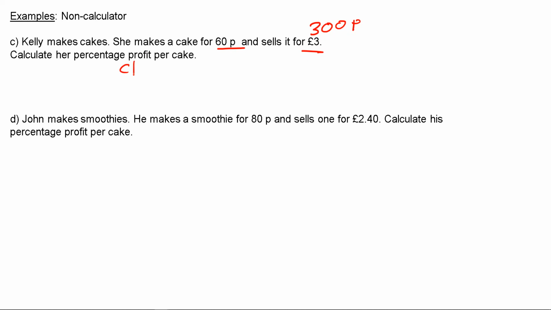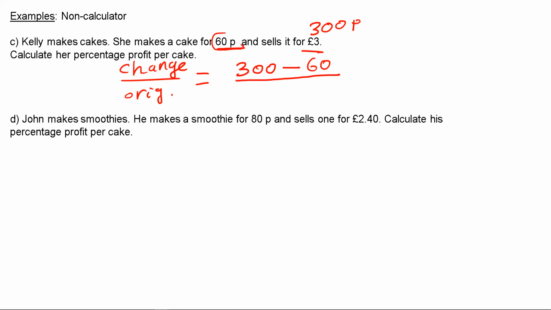So to work out the change over the original, we need to do 300 pence take away 60 pence because the units have got to be the same, over, now the original amount, we consider that to be the cost for her to make a cake, which is 60p. Because we want to work out her profit as a percentage of her costs.